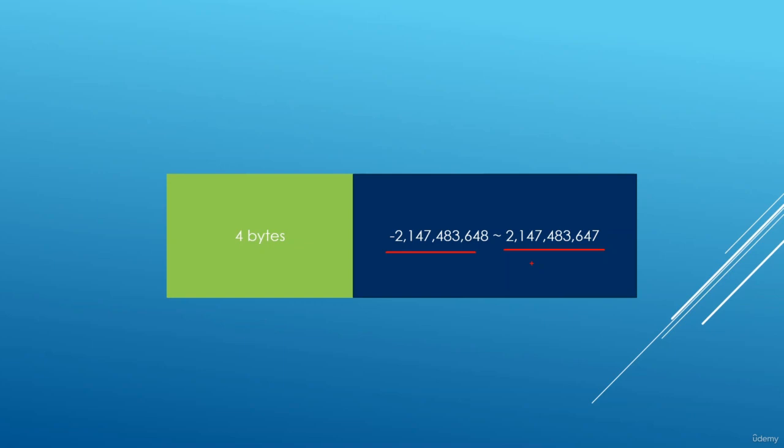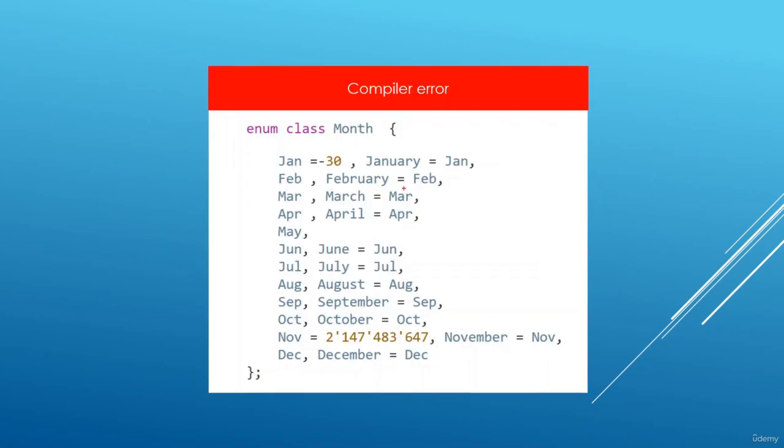The compiler is going to say we can't use those values to represent our enumerators because you can only use the range for int, which takes 4 bytes in memory on my system at least. So if you try to do something like this, you're going to get a compiler error, and the error is going to come from this line here. This value is too large to be represented by an integer in C++. Notice that we can also use negative values to represent our enumerators, and this is going to be fine because minus 20 is valid in the range of integers on my system here.